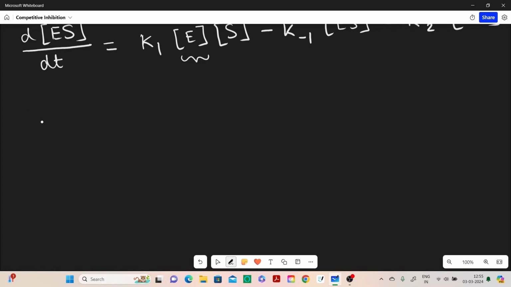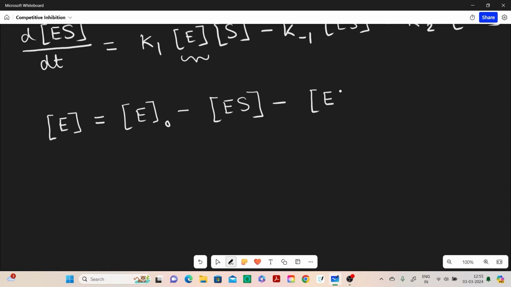So we can write down the amount of free enzyme as the initial amount of enzyme, which is E0, minus the amount of enzyme which has already formed the enzyme substrate complex, minus the amount of enzyme which is bound to the inhibitor, forming the dead end enzyme inhibitor complex.